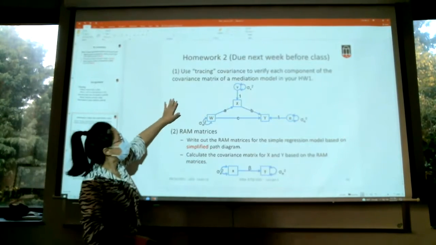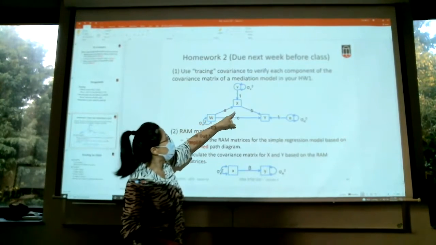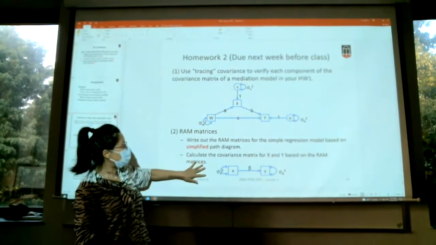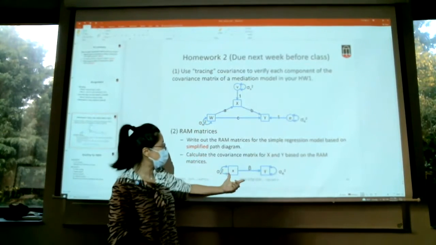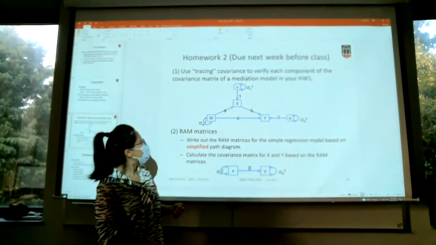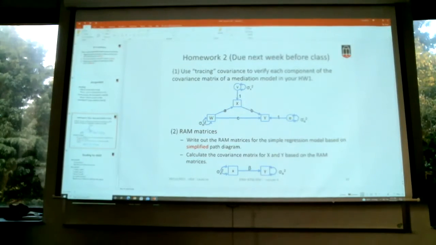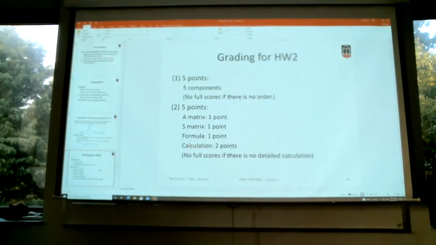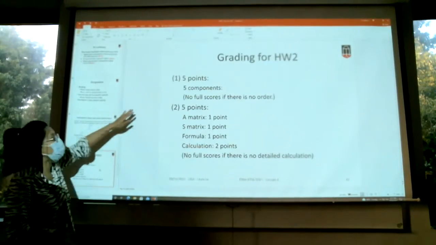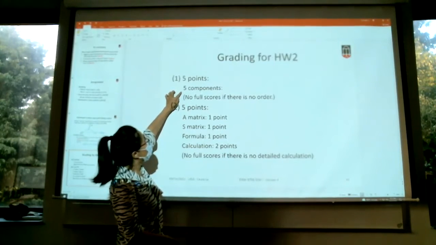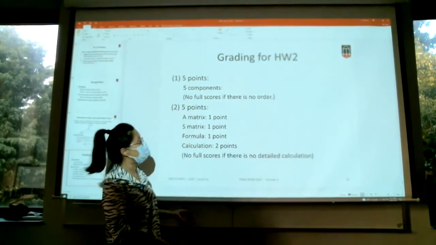By the tracing method, figure out each component of the covariance matrix, and the second part is using the matrix calculation. Now we can separate this into 2 parts. Then 10 points for the first part. We have 5 components.